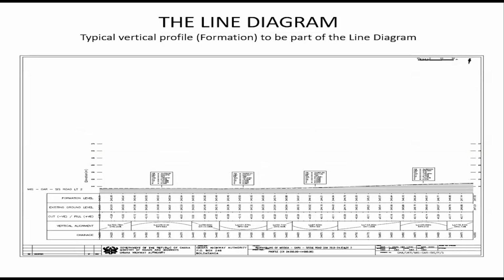For the cuts to widen and fill to widen, the quantity surveyors are not able to actually calculate it. So this is a new innovation: every line diagram must come with a vertical profile design to formation. That way, all the earthworks are captured very accurately. So the quantity surveyors will just have to take it and work with it.